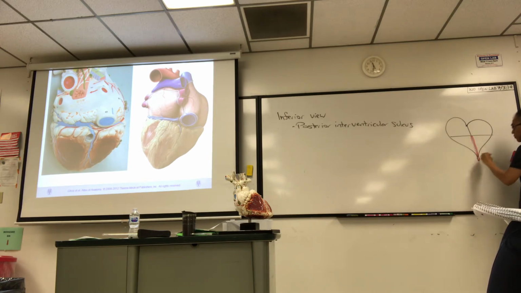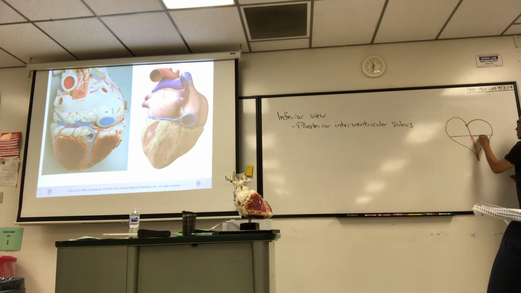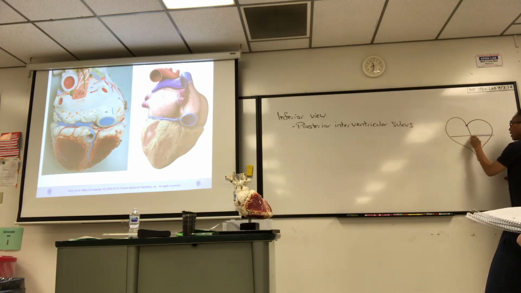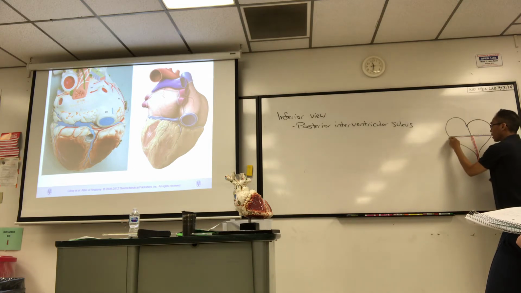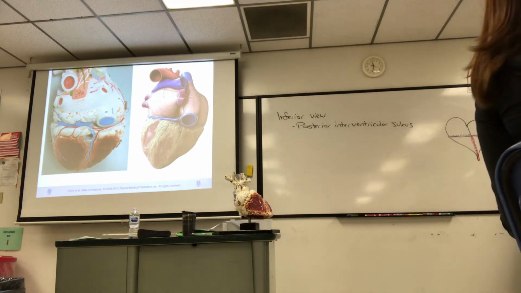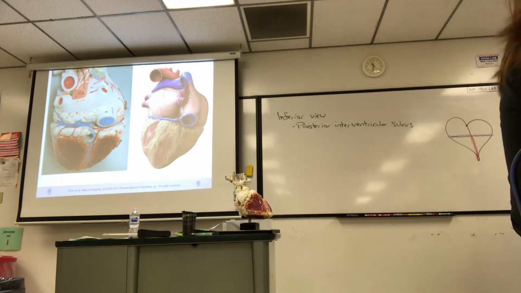But they connect front to back. Okay. And there's coronary vessels in them. Now there's another sulcus that goes kind of around the top, and it wraps around the backside. And that's the coronary sulcus. And you can see it from this view quite well.